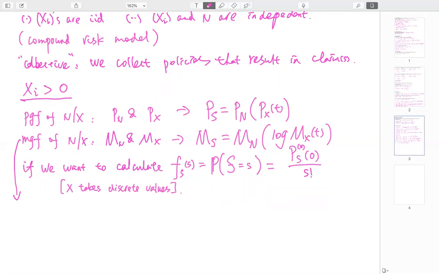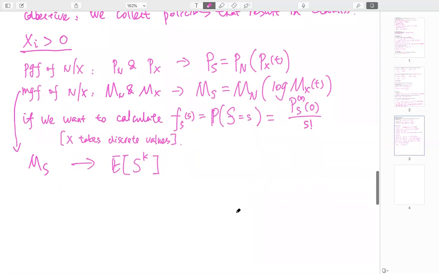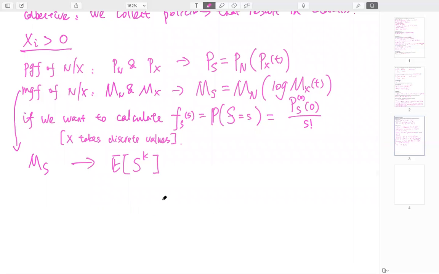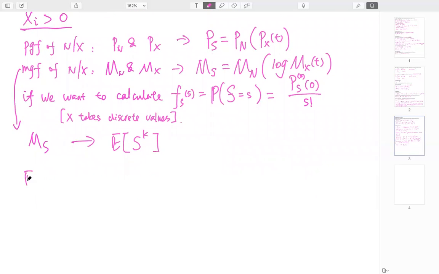Okay, from MGF, you can easily get the expectation to any power you want, right? To the k-th power if you want, which means you can differentiate to get the first moment and then differentiate again, get the second moment. Once you know the first and the second moments, you can easily calculate the variance, right? But here we have a very important result. So again, the first one is what we always call the power rule.